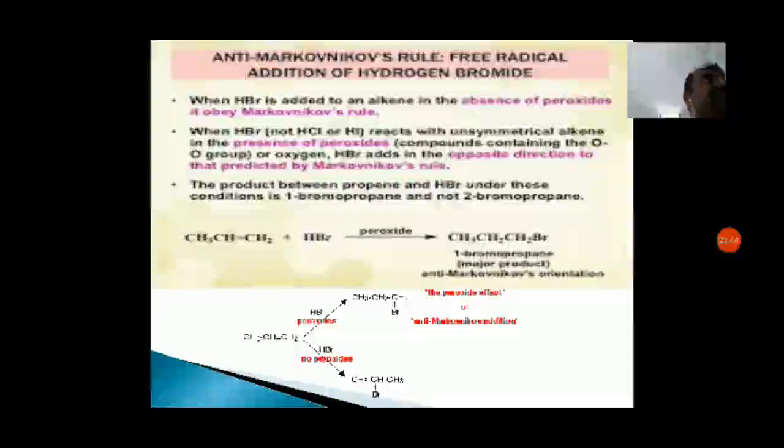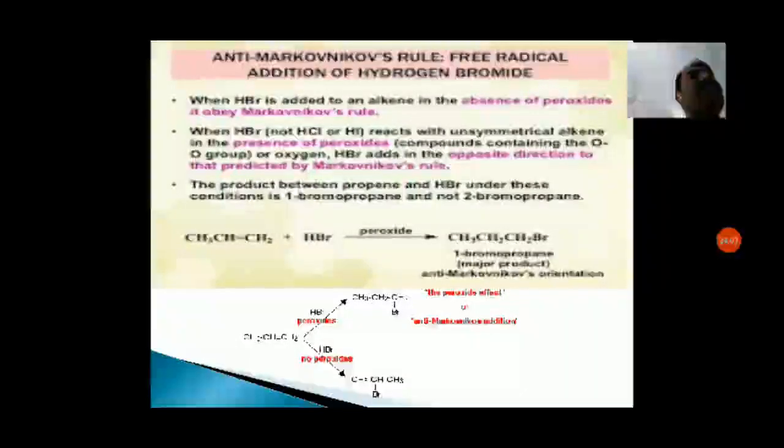So if in peroxide, it is called the peroxide effect. In peroxide, 1-bromopropane is the major product. If in the absence of peroxide, the same addition will take place according to Markovnikov's rule.